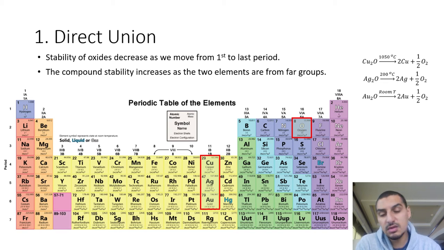It forms copper oxide very spontaneously, and it's very hard to reduce. So you have to heat it to more than 1000 Celsius to reduce the copper oxide into copper metal. While for silver, you only need to heat it up to 200 Celsius to reduce the oxide.